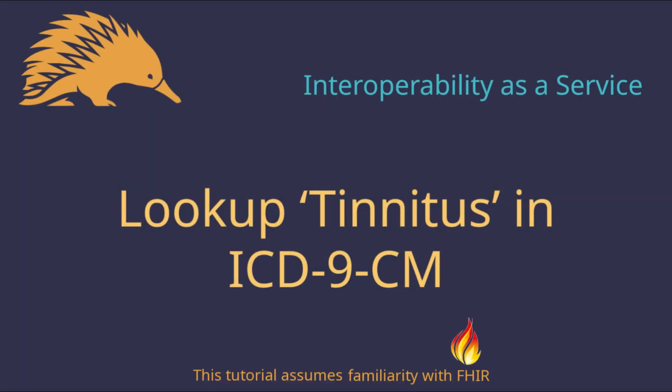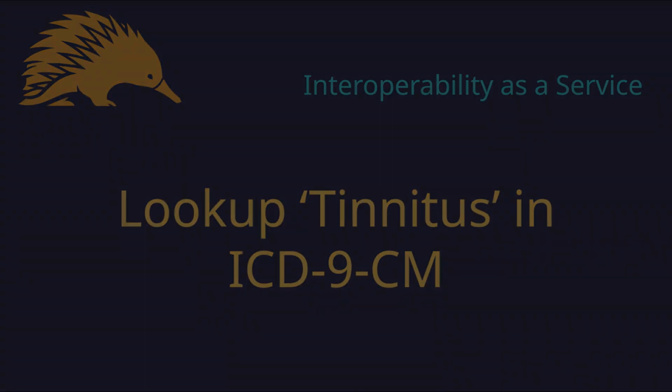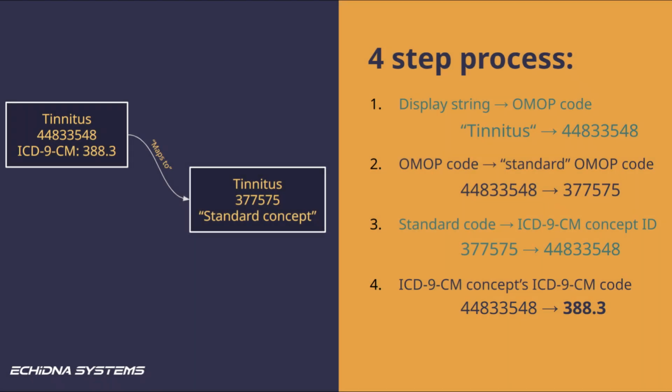So let's look at an example now. We will look up the ICD-9 code for tinnitus. When we apply the four-step process to the lookup problem, we start by resolving the string tinnitus to the OMOP concept code.